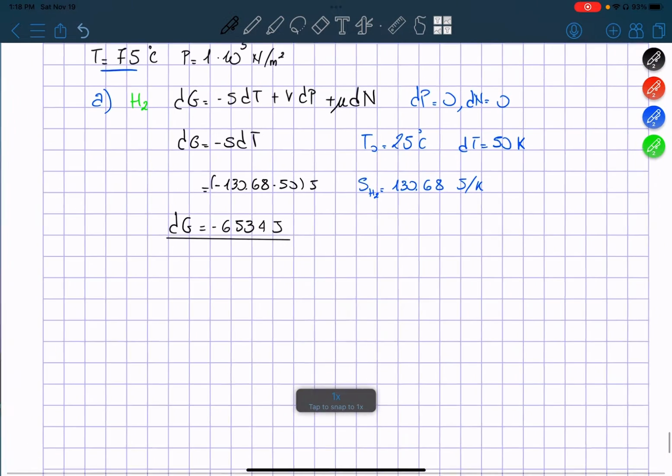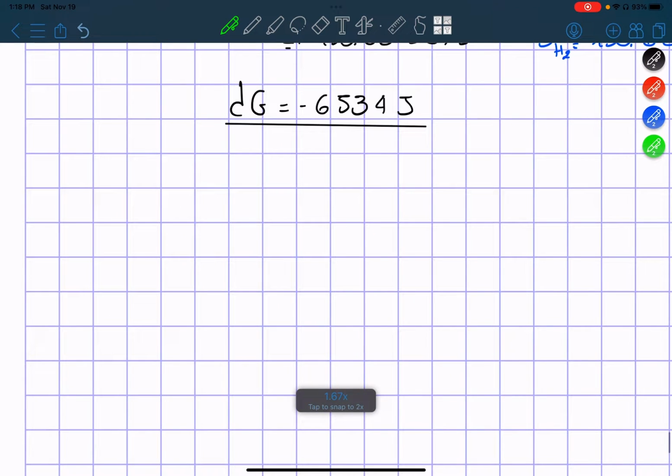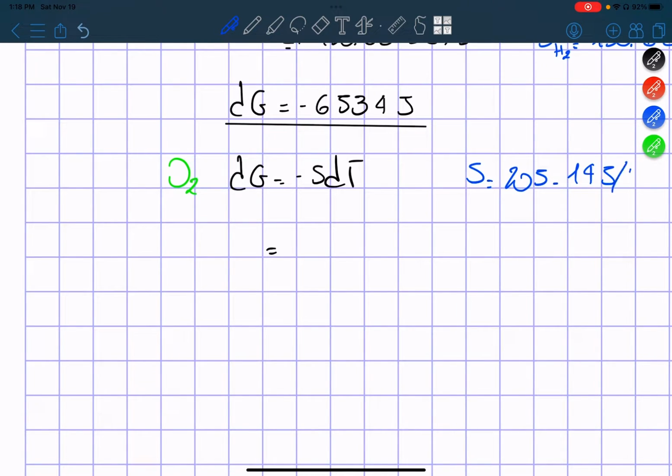Now we have to do the same thing for O2. Again, dG is equal to negative S dT. In our case, what is our S for O2? Again, we have to look at the back of the book, and we find that it's equal to 205.14 joules per Kelvin.